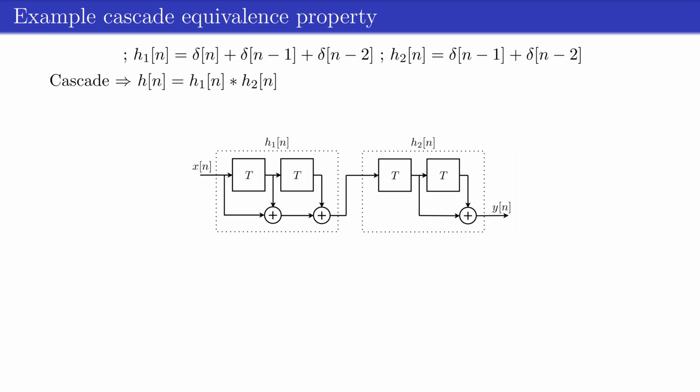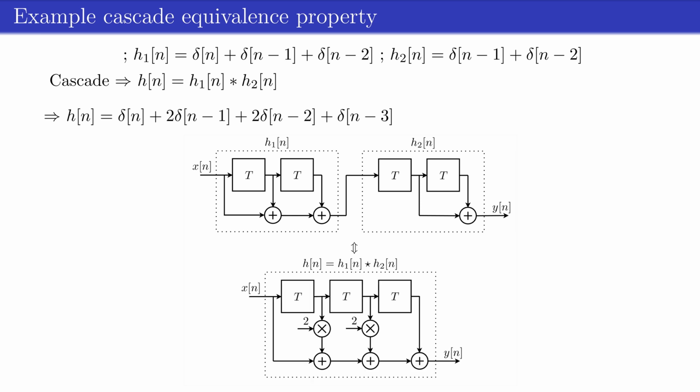We can combine these two cascaded systems into one new system with impulse response h[n], which can be evaluated as the convolution sum of h1[n] with h2[n], which results, in this example, in the given expression. From this expression we obtain an alternative realization of the cascade of two systems, as depicted in the slide.